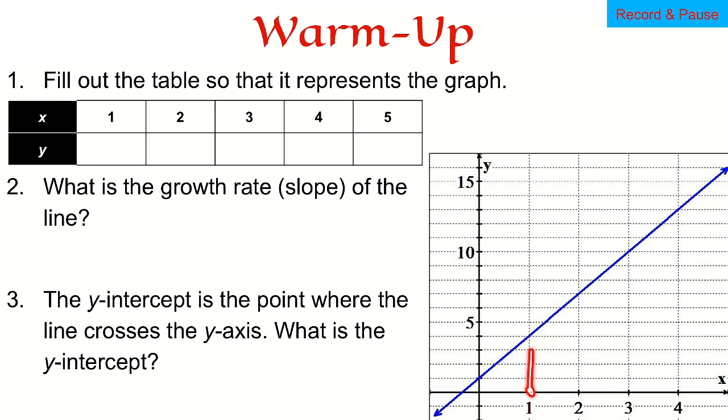Here x is 1. Right there, that is where we're talking about. I'm going to put a little dot there so it's the same color as the table. We can see that when x is 1, y is 4. So I'm going to fill in a 4 there for the y value where x is 1.